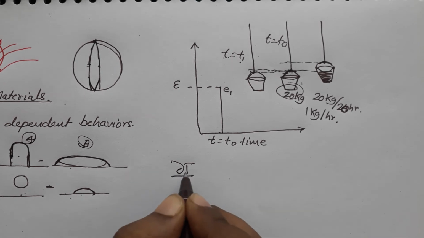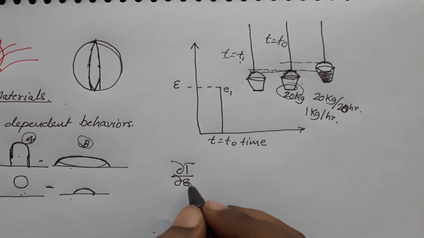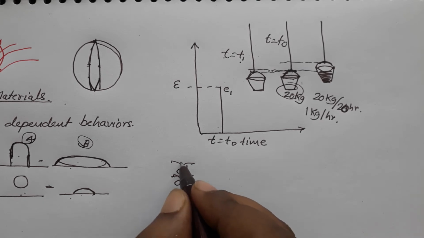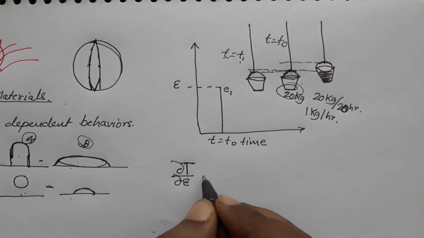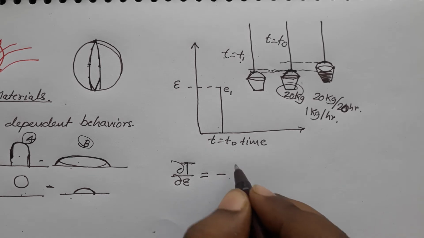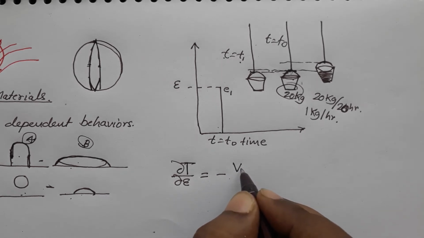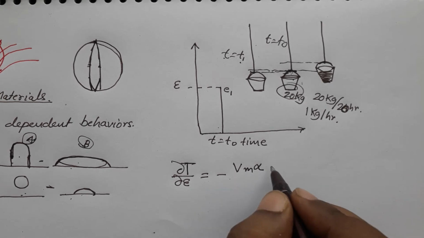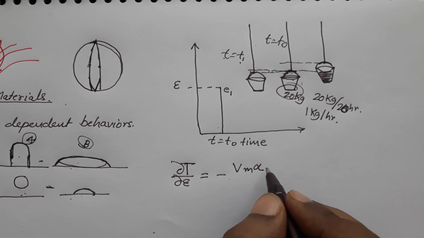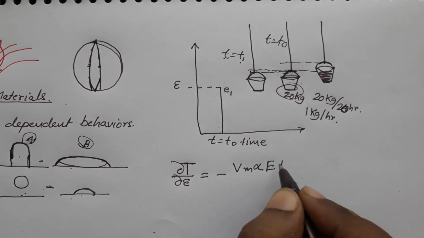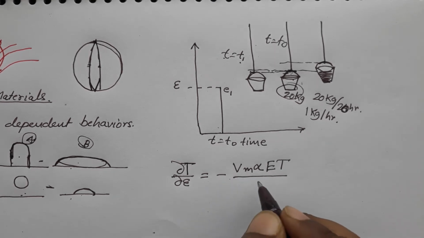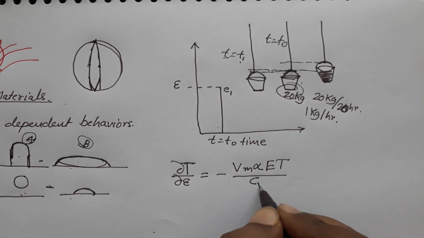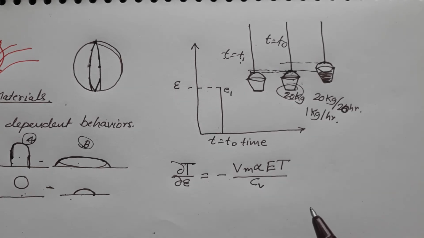So, dT/dε, differentiation of temperature with respect to strain, can be given by negative of the molar volume of the material into linear coefficient of thermal expansion into elastic modulus into temperature divided by the specific heat of the material at constant volume.